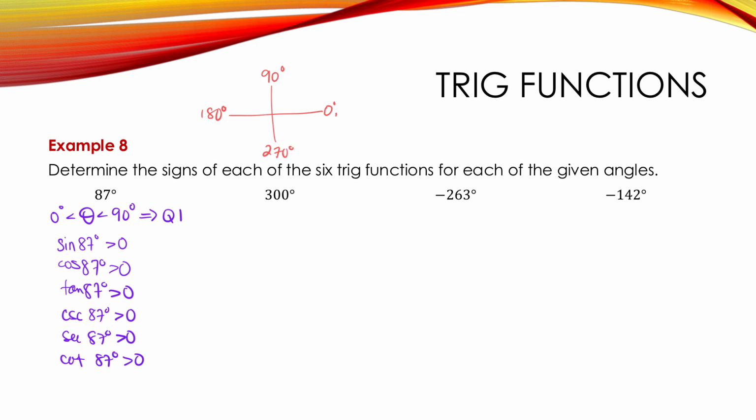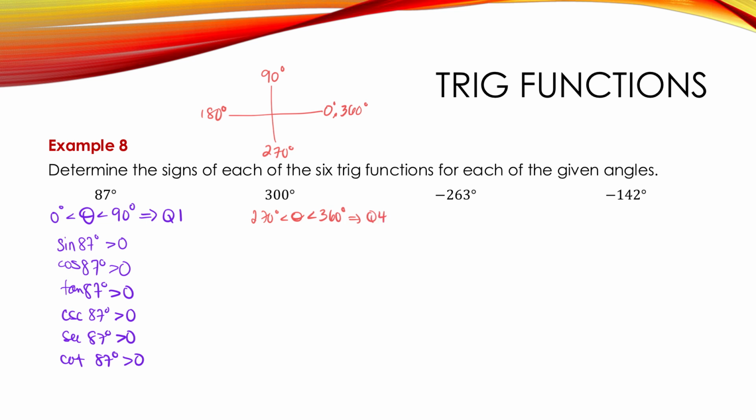Well, if we went all the way around, not only would this be 0, this would also be 360 degrees, which would get us around a full revolution. So where this one is going to end up is between 270 and 360, which puts us in quadrant 4.